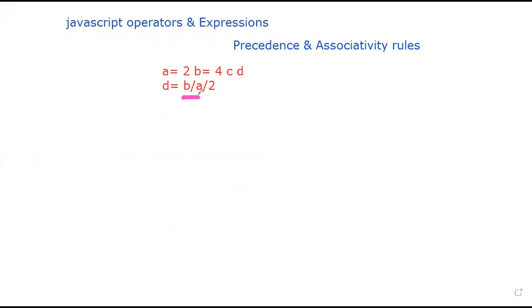So how am I going to work here? First, I have to evaluate B divided by A. 4 divided by 2 will be 2. Then I will divide that by 2. So the obtained answer will be 1. If you do it wrongly and evaluate A divided by 2 first, it becomes 2 divided by 2, which is 1.